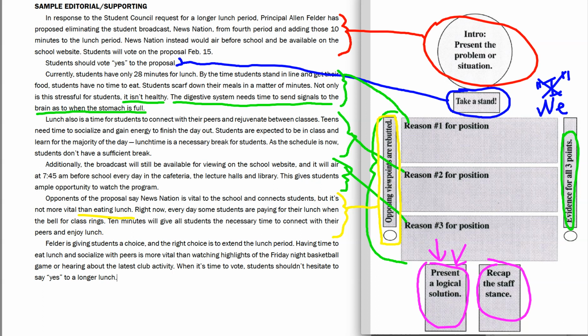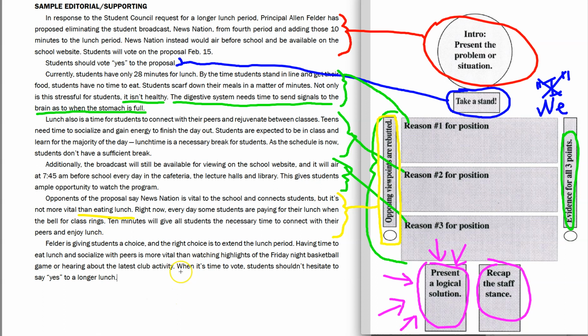What makes a journalist special when they write an editorial, a staff write an editorial, is that they actually offer something as a solution, some way out of this problem. If you don't have this, you are not going to do well in this, and you're not really writing an editorial. You're just complaining.